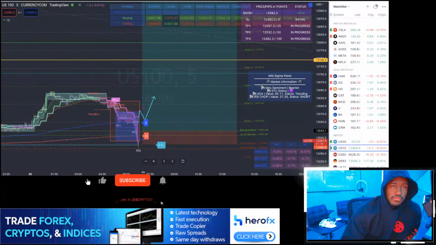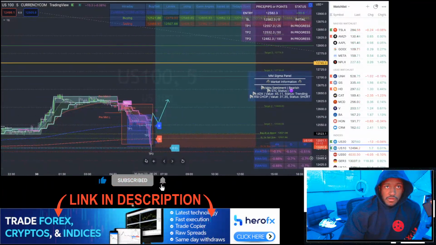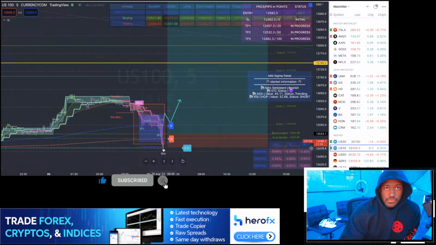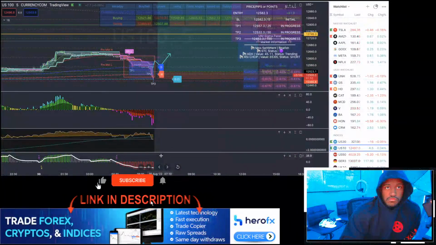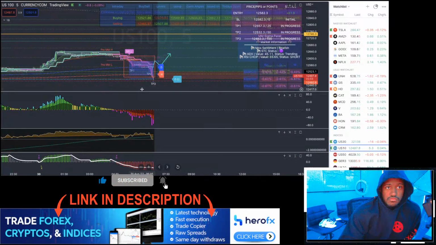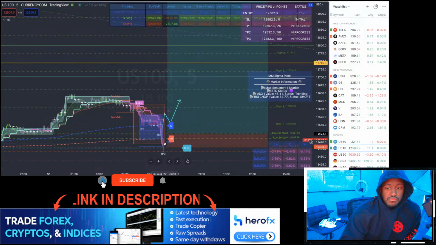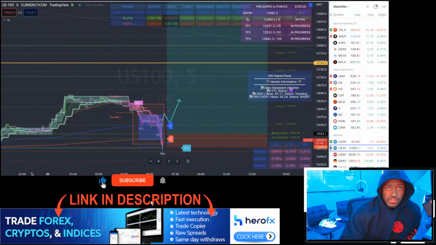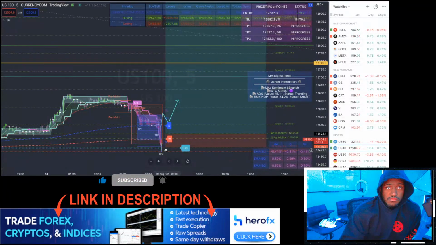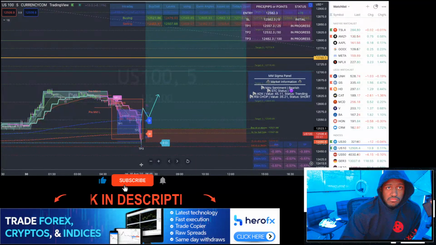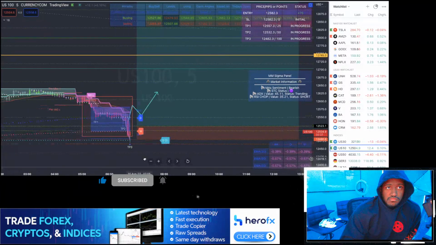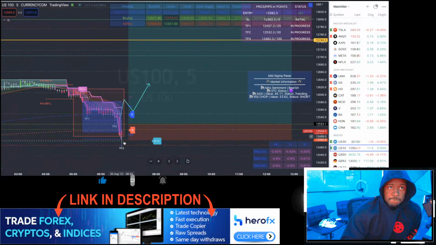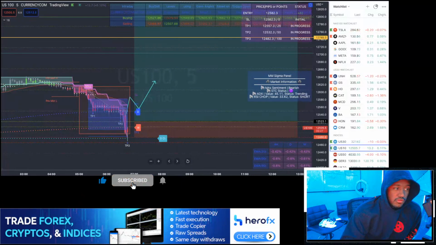It hugs price tightly. Right here is your entry. If you really want to snipe, you snipe down here. I can't see it going any further down.